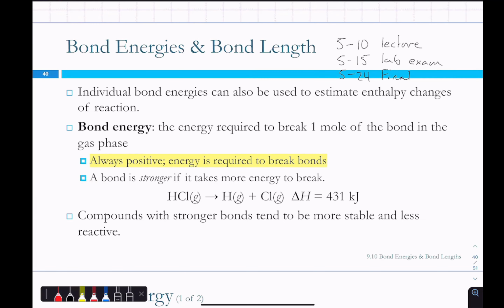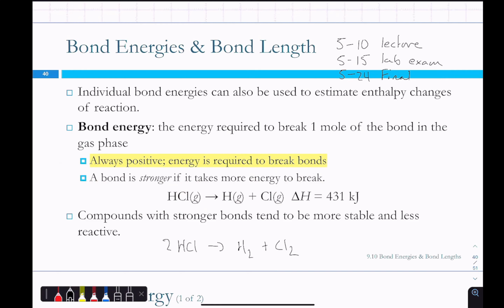The flip side of that is that anytime you form a bond, it always releases energy. So when we take a compound like HCl and break it down, we get the individual atoms, hydrogen and chlorine. But if we were making hydrogen gas, H2, and Cl2, it would release energy to form those new bonds. So we have to input energy to break the HCl bond, and we would get some energy out for forming new bonds if this went from 2 HCl to H2 plus Cl2.